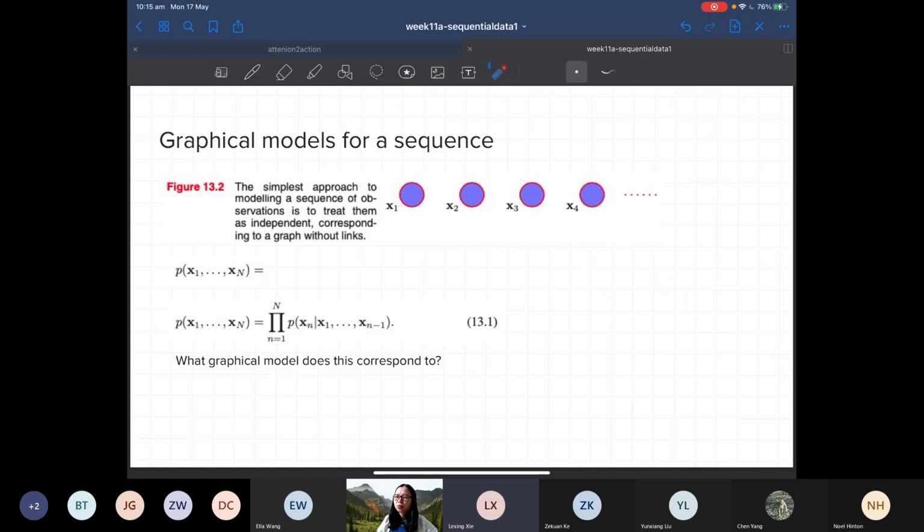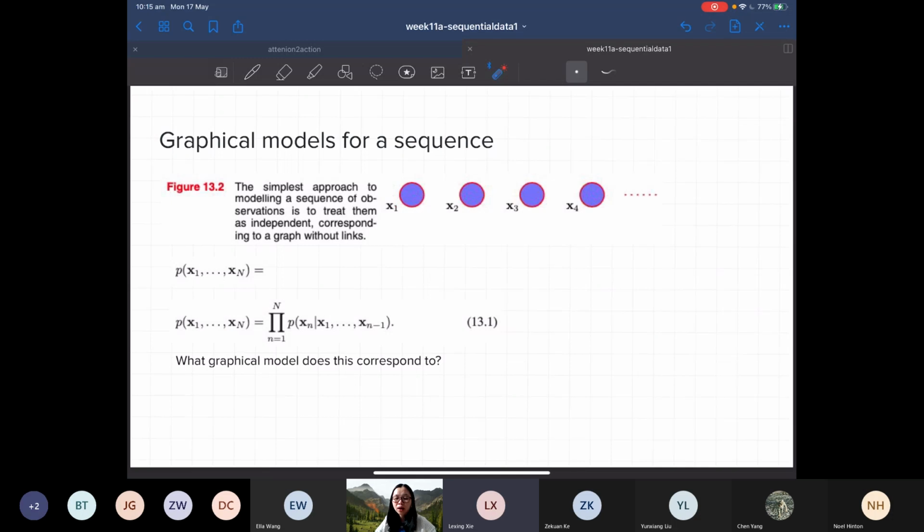So let's try and use the tool of graphical models for sequences, starting from the naive and not very interesting case. The most naive approach to modeling a sequence is to ignore the fact that it's a sequence.